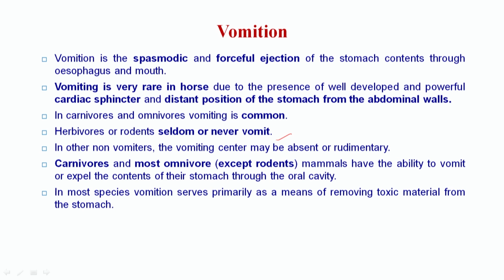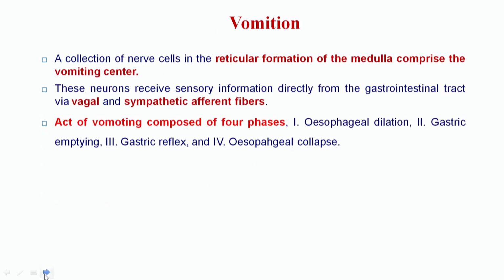Carnivores and most omnivores, except rodents, have the ability to vomit or expel the content of their stomach through the oral cavity. In most species, vomition serves primarily as a means of removing toxic material from the stomach. A collection of nerve cells in the reticular formation of the medulla comprises the vomiting center.